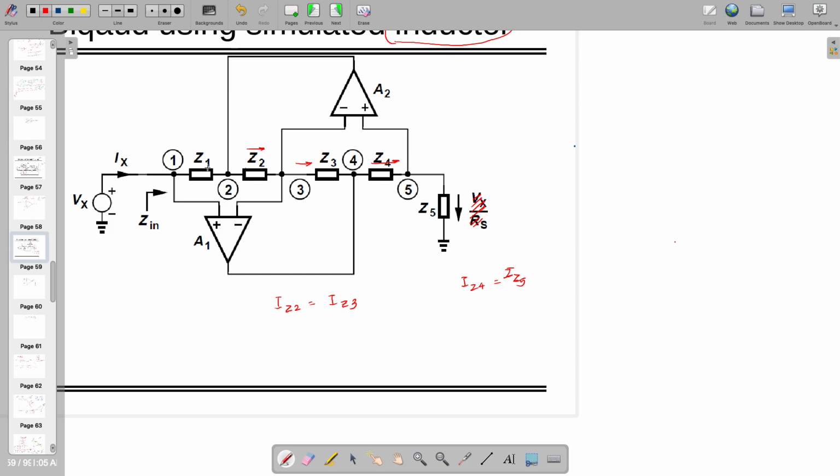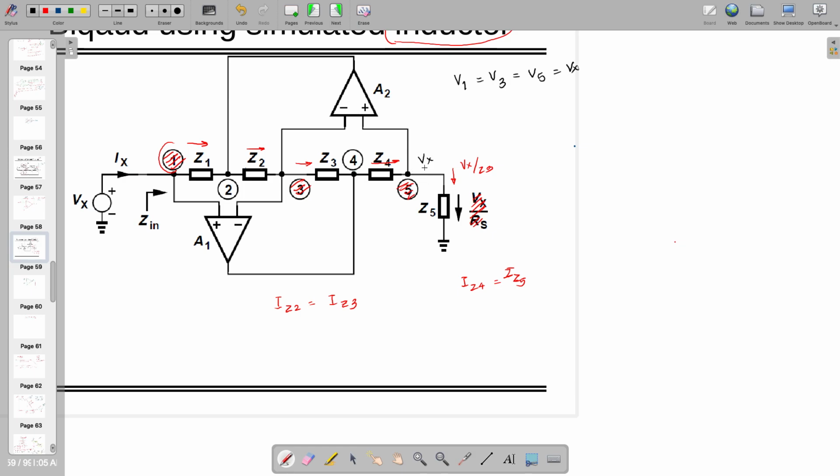And similarly, you can find out the current flowing through this branch and you can find out Zin, which is Vx divided by Ix. So the current flowing through this one is equal to Vx by Z5. The reason is nodes 1, 3 and 5 are equal to Vx. V1 equal to V3 is equal to V5 is equal to Vx.